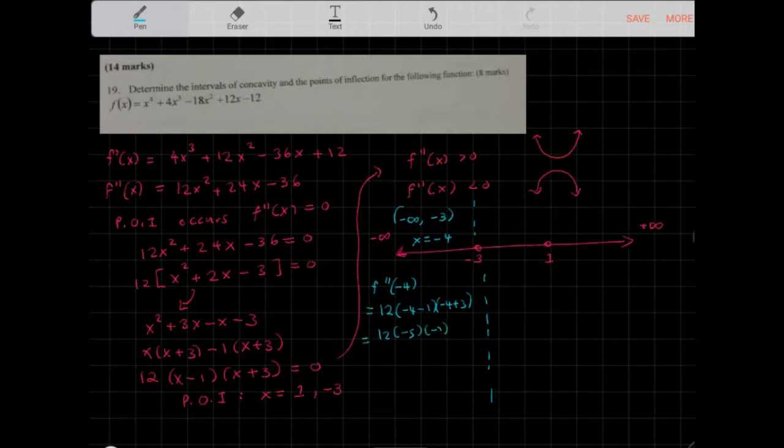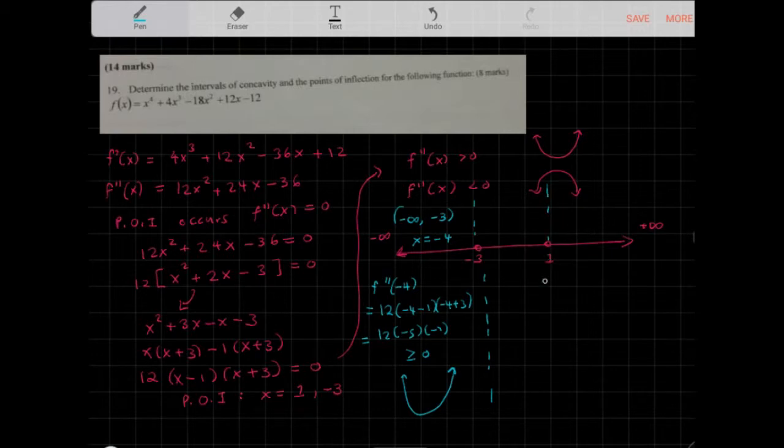This is going to be positive 60. So this is greater than 0, and as a result, we know that it's concave up in the interval of negative infinity to negative 3.